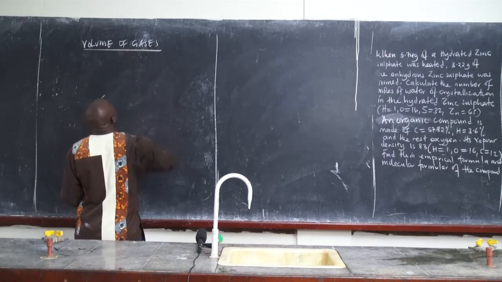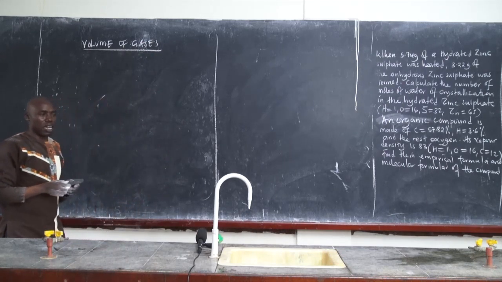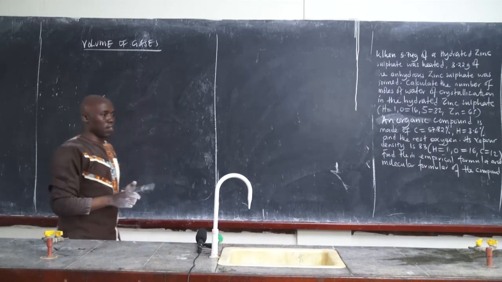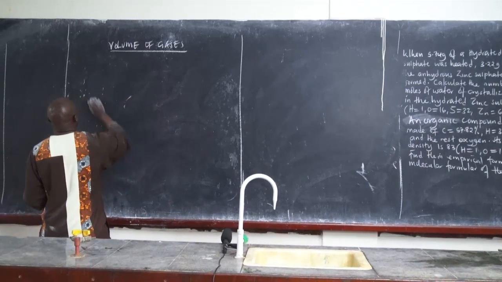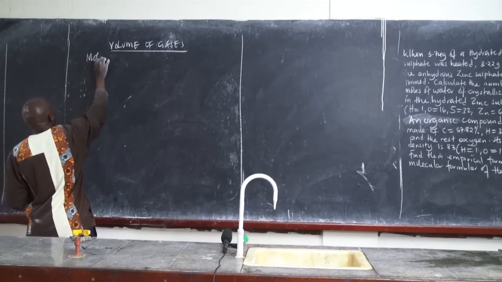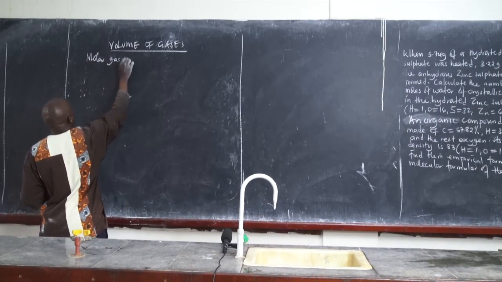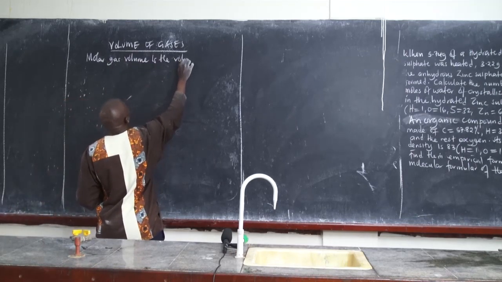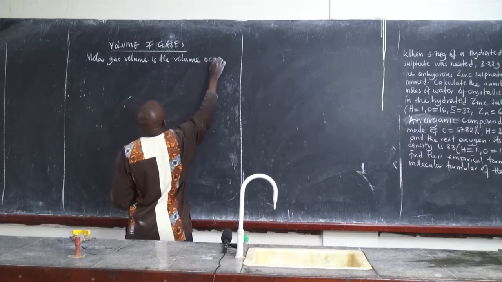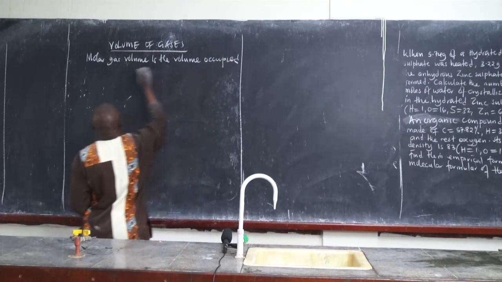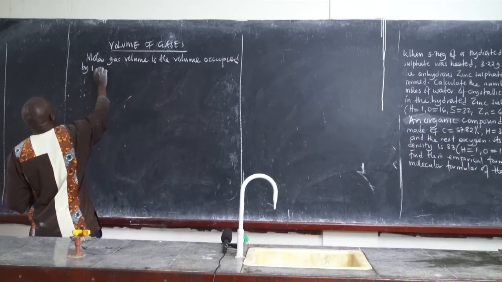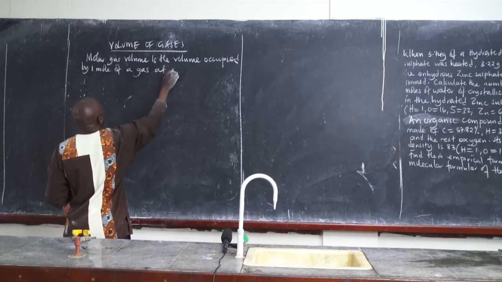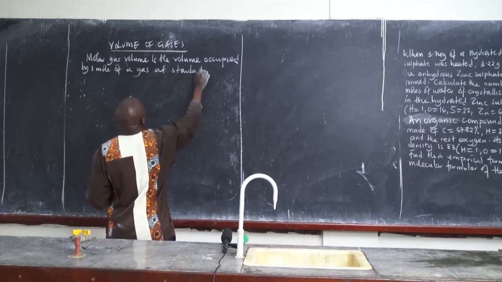Now, gases have fixed volumes at standard conditions. There are two standard conditions. So there is what we call the molar gas volume, which is the volume occupied by 1 mole of the gas at standard conditions.